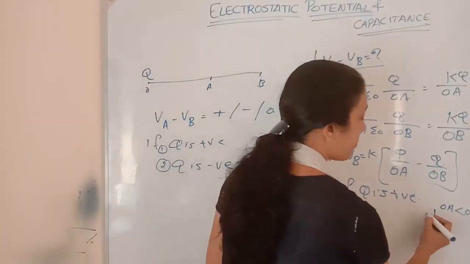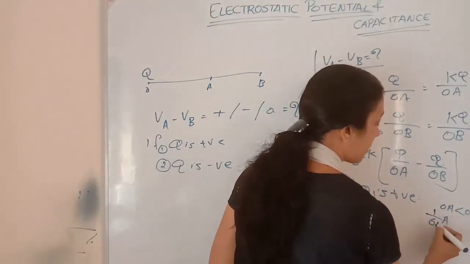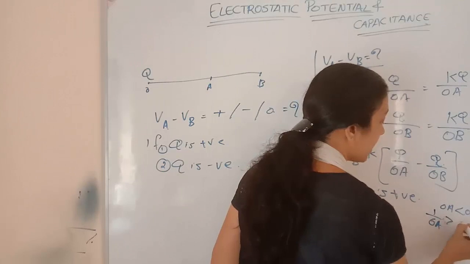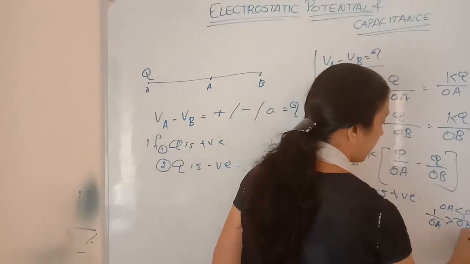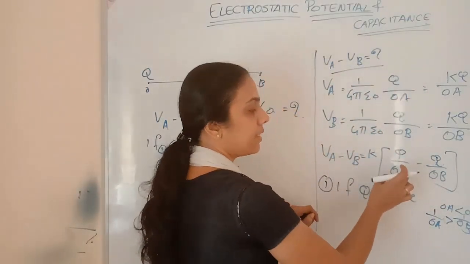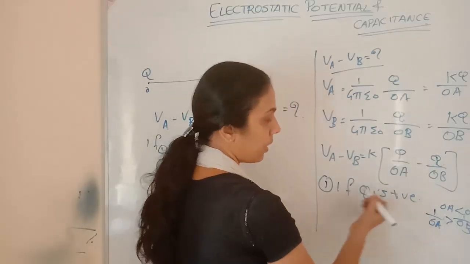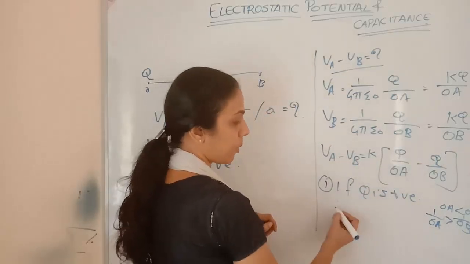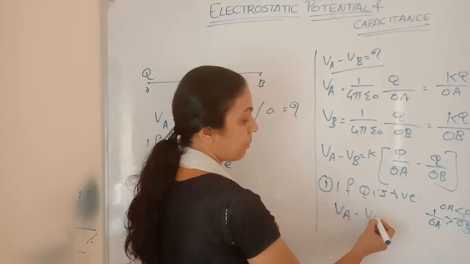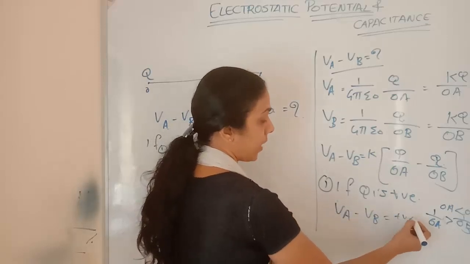Therefore, 1 by OA will be greater than 1 by OB. So this will be a greater value minus a smaller value, and Q is positive. If Q is positive, VA minus VB will be a positive value.